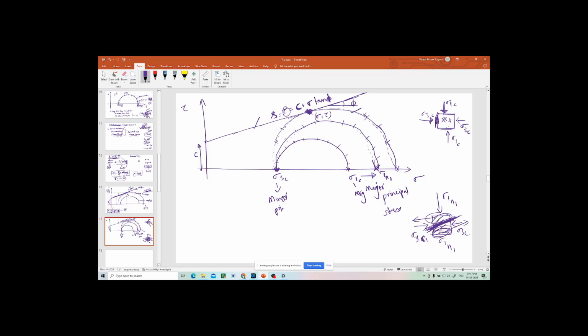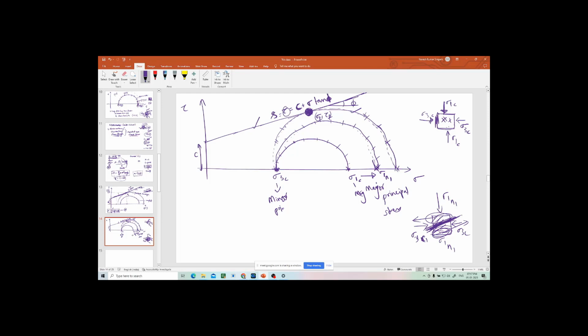The only plane that is shearing is the one whose point is equal to one of the failure envelope points. So that point is nothing but sigma f, tau f.